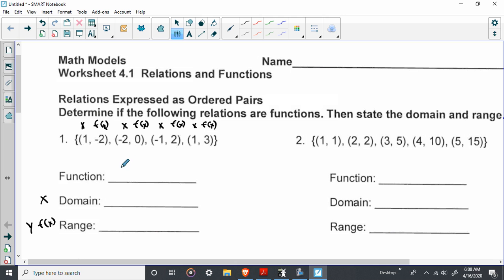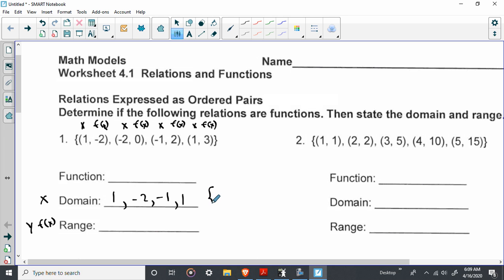So let's talk about your domain. Your domain is going to be what? I've got a 1, I've got a -2, I've got a -1, and I've got a +1. Couple things. Number one, they need to be in order from lowest to highest. So think about your number line. The lowest number here is -2. So what are we going to say?